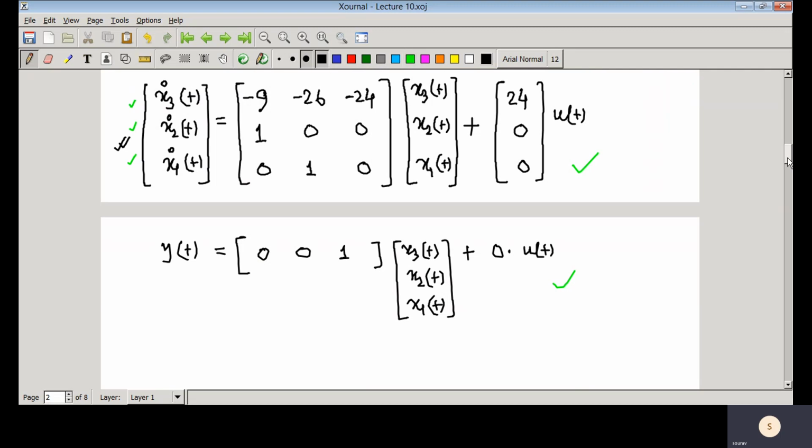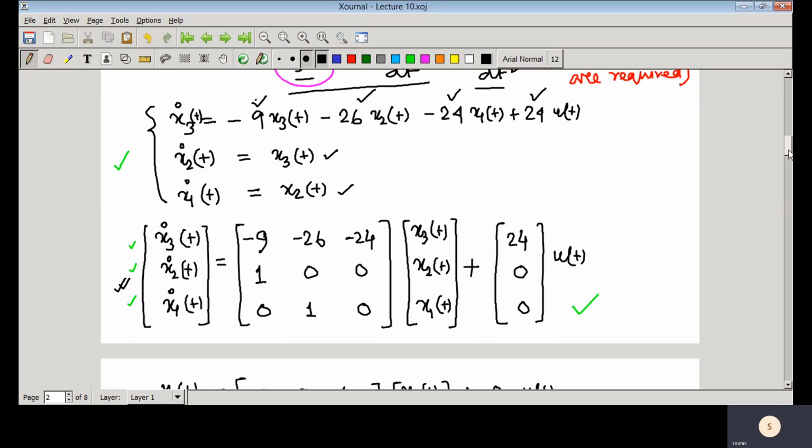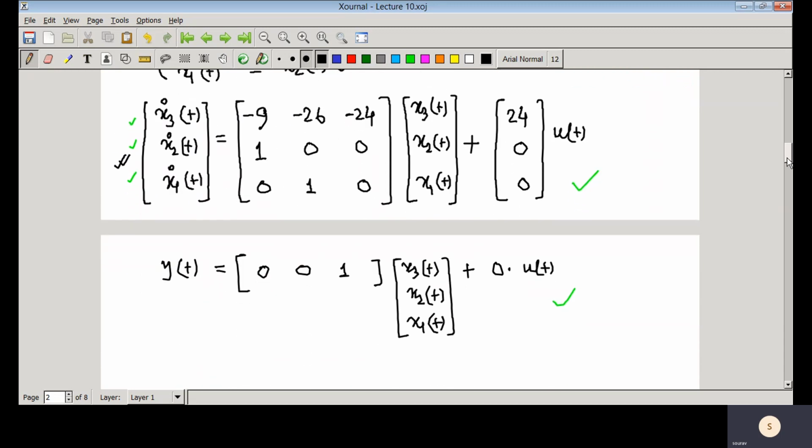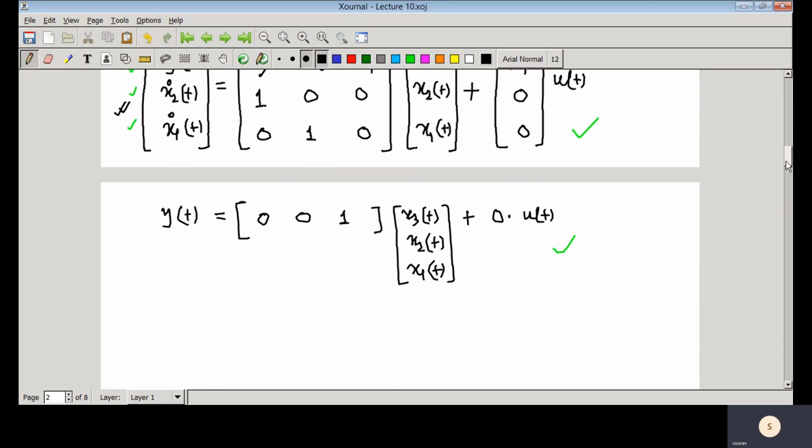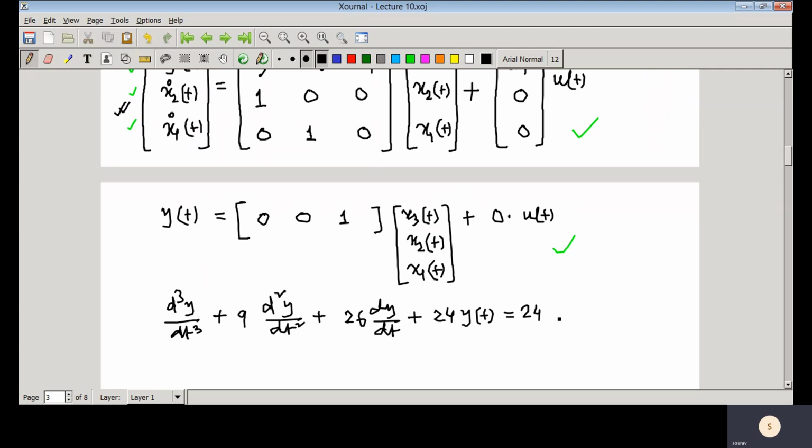So for this particular dynamical system, let us write it again. That is d3y/dt3 plus 9 d2y/dt2 plus 26 dy/dt plus 24 y(t) equals 24 u(t).